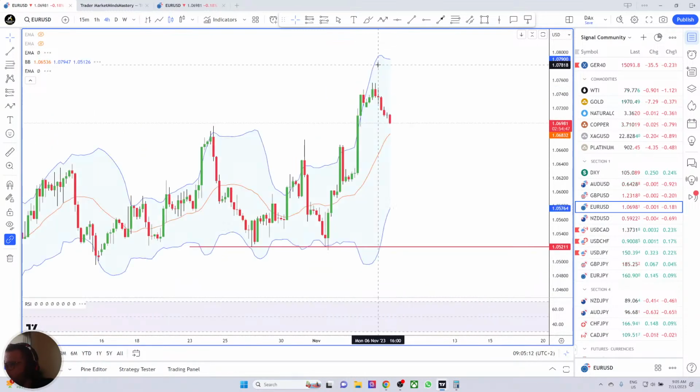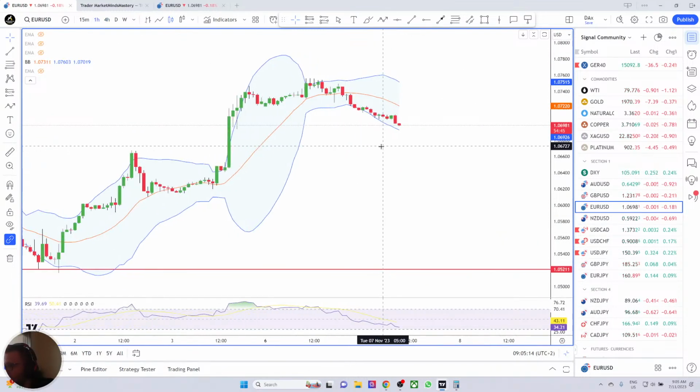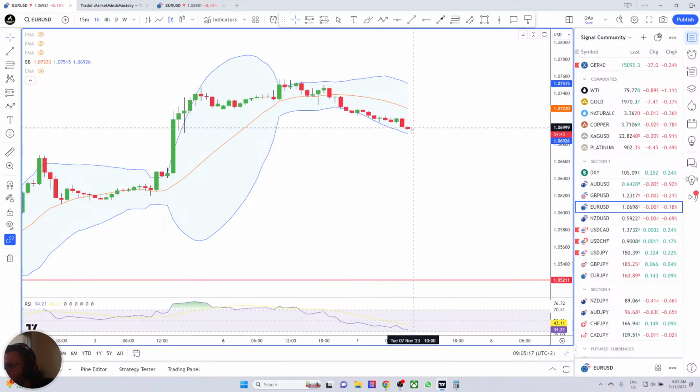Similar behavior to the pound, but on the hourly chart, bearish engulfing. Price is very weak, as you see from the Sydney session. It started somewhere here, that's 1, 2, 3, 4, 5, 6, 7, 8, started somewhere here. The price is selling off.